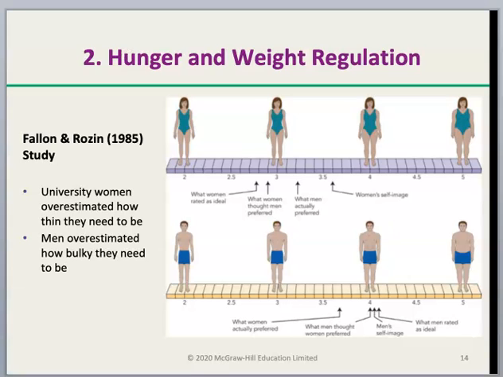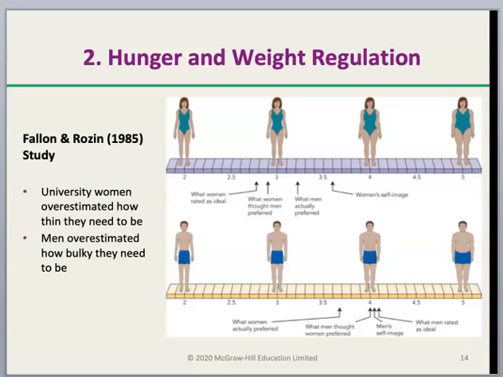A study by Fallon and Rose in 1985 took a group of women and a group of men and used a scale. On the far left, there's a 2, which is very thin, and on the far right a 5, which is larger, with two in-betweens. They asked the women what they think men prefer, and they noted a 2.9, which is on the thinner side.